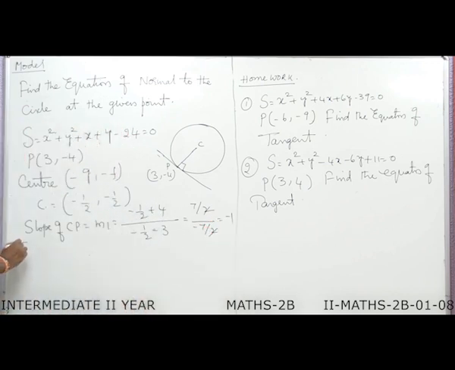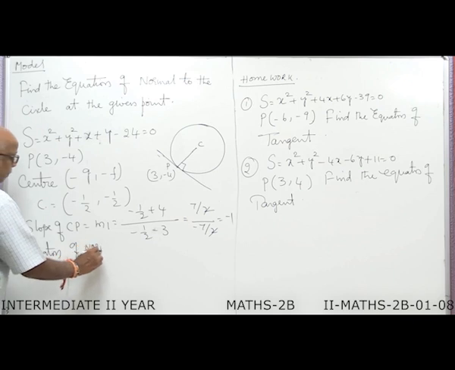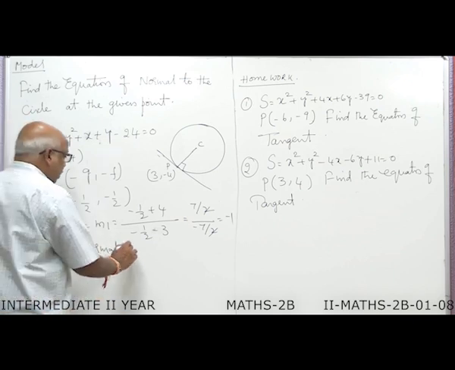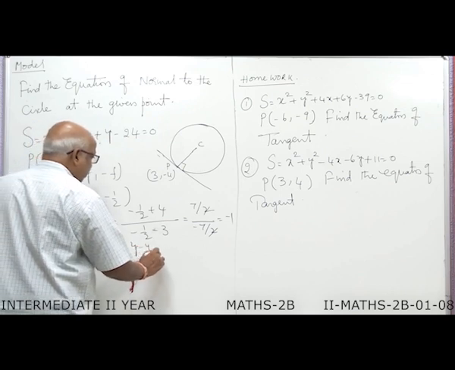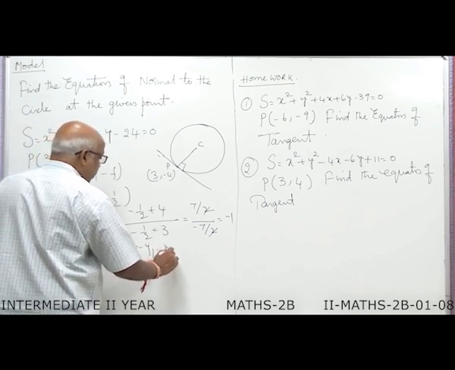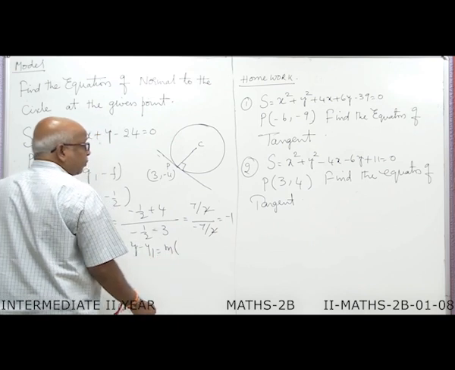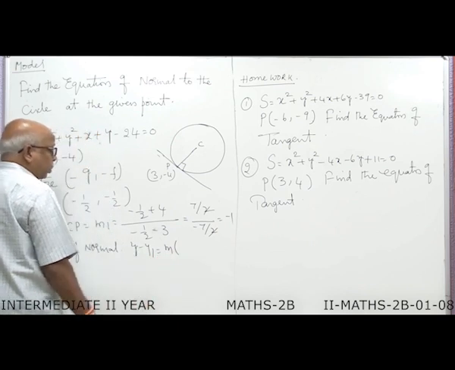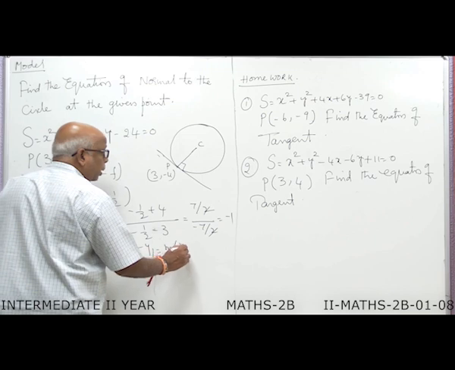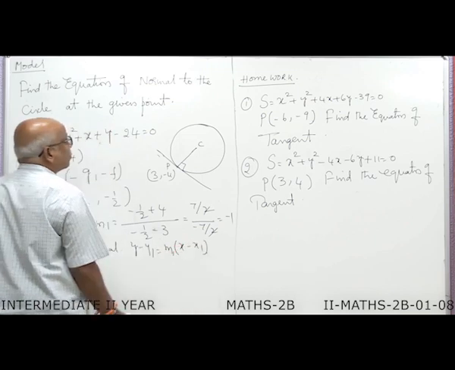Equation of normal. What is the equation of normal? y minus y1 equal to m1 into x minus x1.